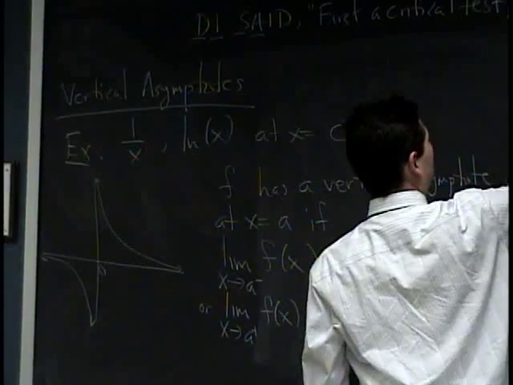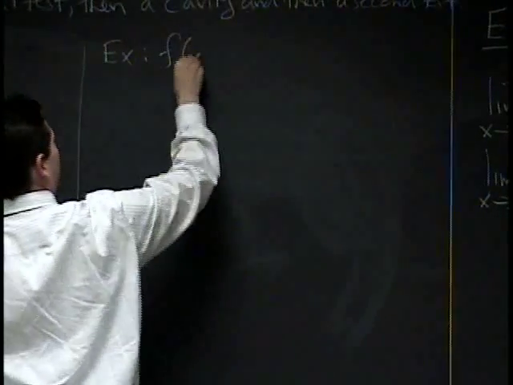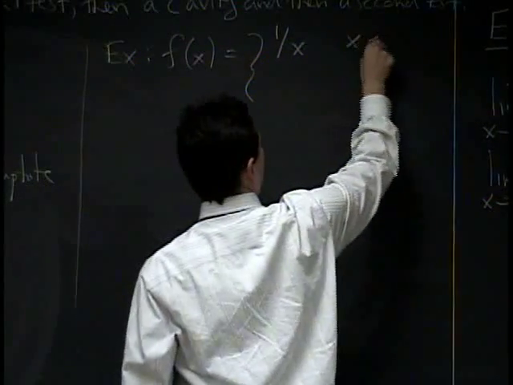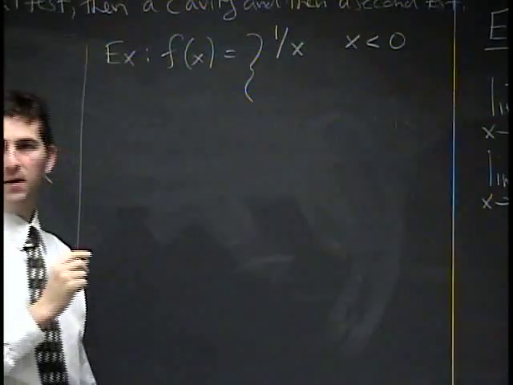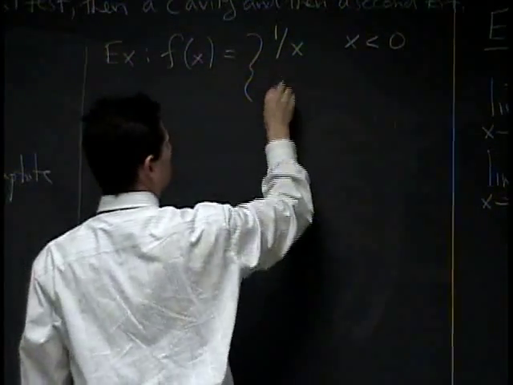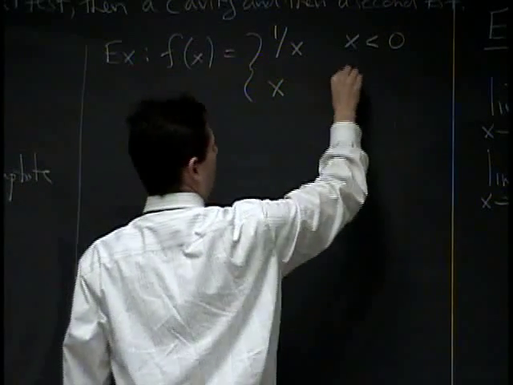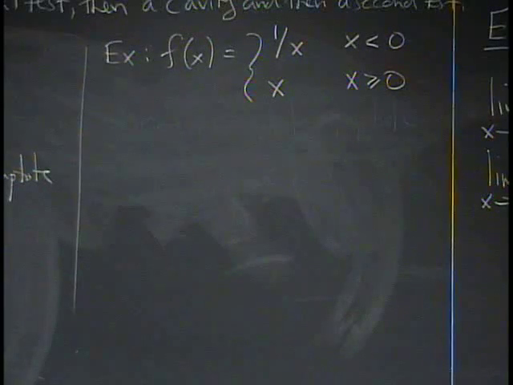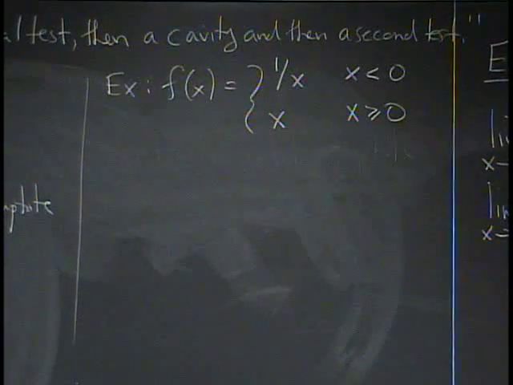So for example, define f of x as 1 over x when x is less than 0, and define it to be the line x when x is greater than or equal to 0. Perfectly legitimate piecewise defined function.